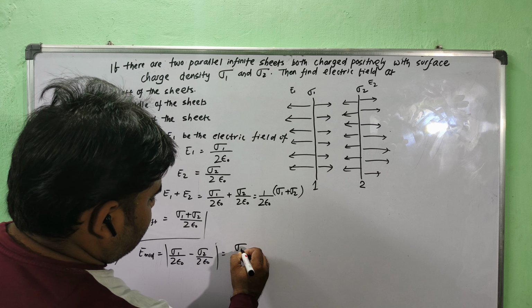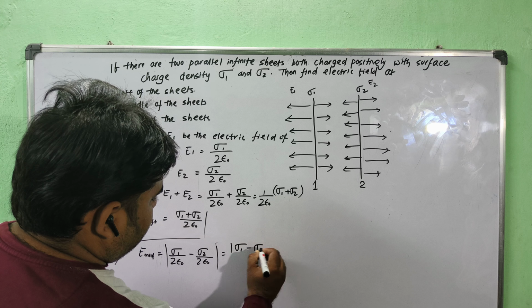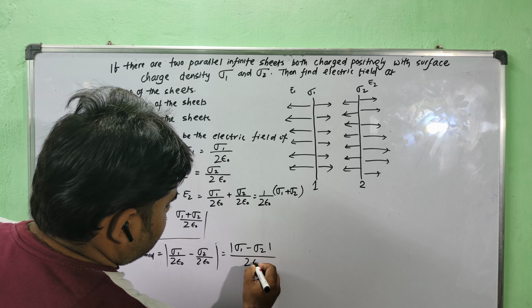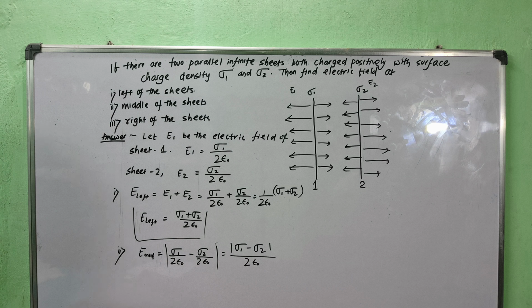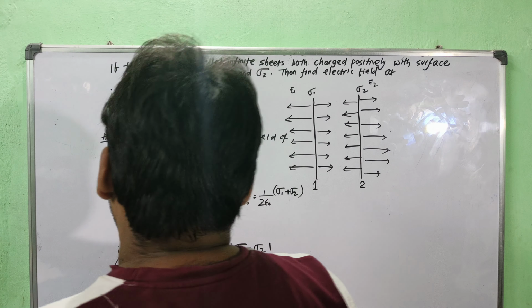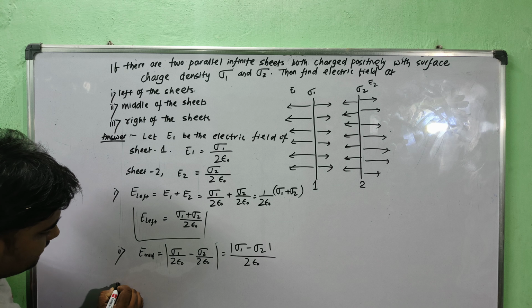So sigma 1 minus sigma 2, take the modulus and divide by 2 epsilon naught, and this is the value of the electric field. Now, to the E right.